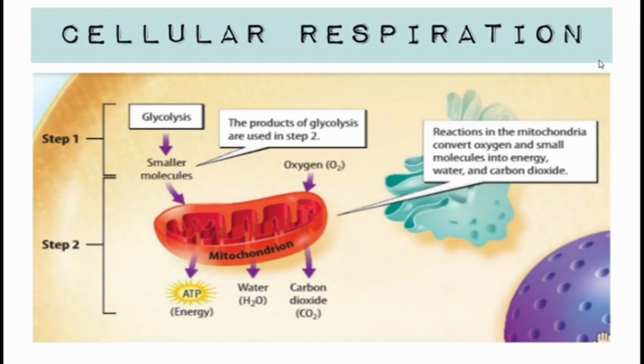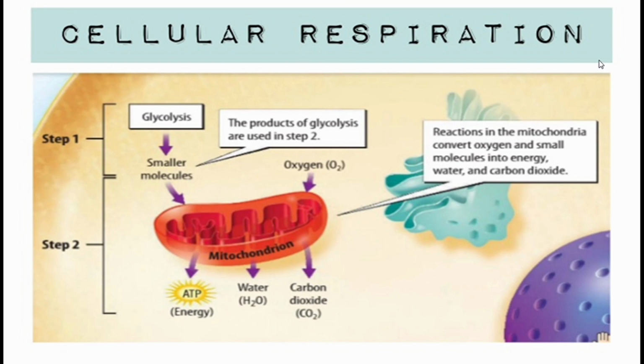According to the diagram, step 1 is the glycolysis, where sugar, glucose, is broken down into smaller molecules, and the products of glycolysis are used in step 2. Step 2 takes place in the mitochondria or mitochondrion, which is the singular form of mitochondria. It needs oxygen, O2, plus the smaller molecules.